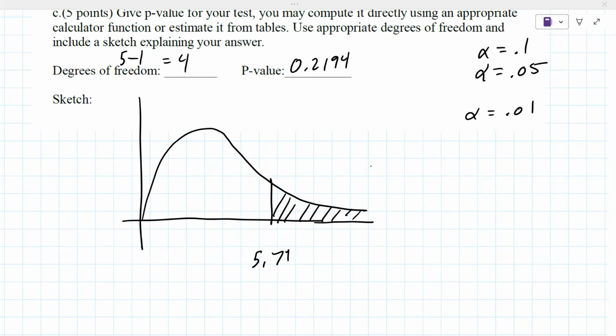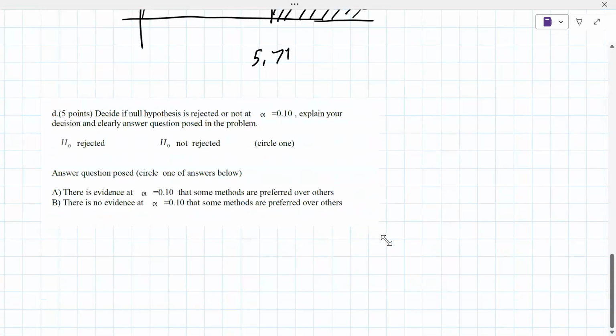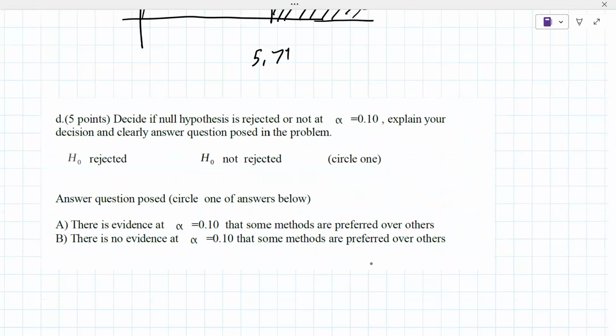So I can now answer the following questions. I'm going to reject or fail to reject in this case. Since the p-value is greater than alpha, you fail to reject.